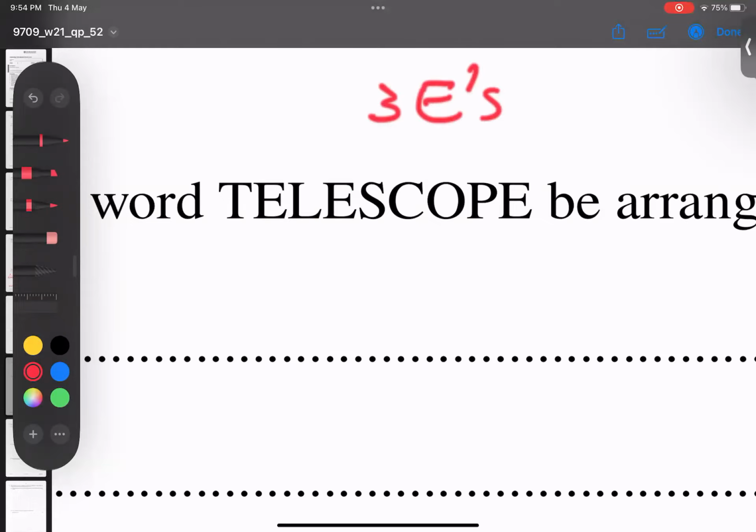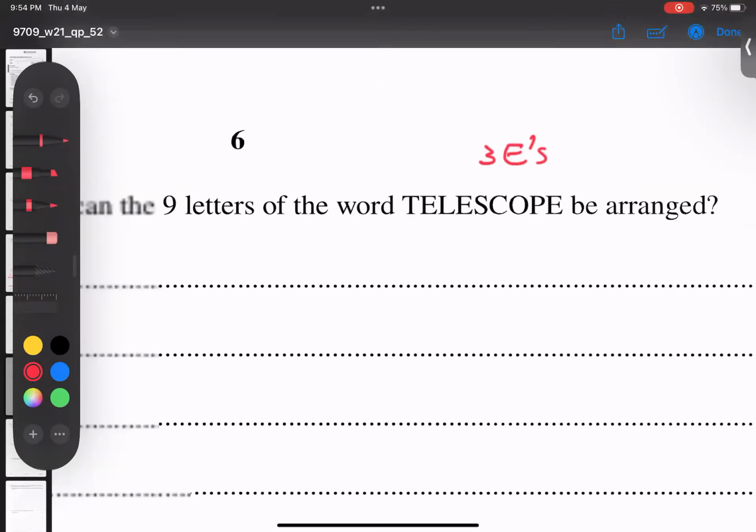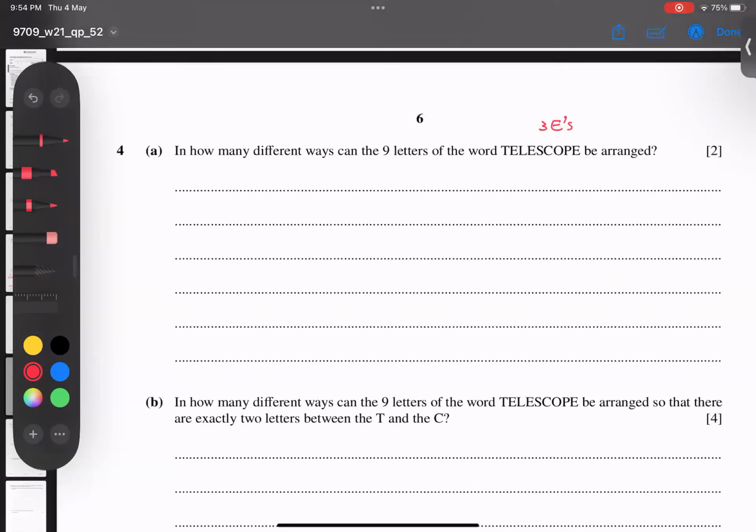And check any other letter repeats. No. So let's start. 9P9 divided by 3P3, or you can write 9 factorial divided by 3 factorial. And the answer, if you type in calculator, 9P9 divided by 3P3 or factorial, is 60480.